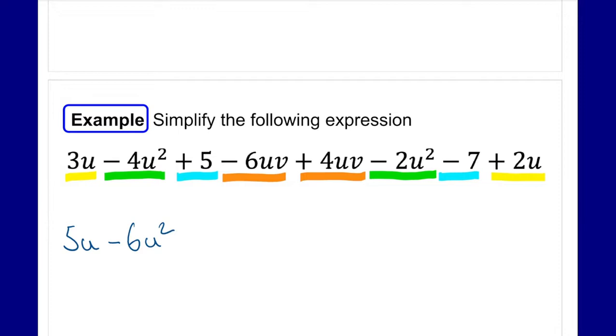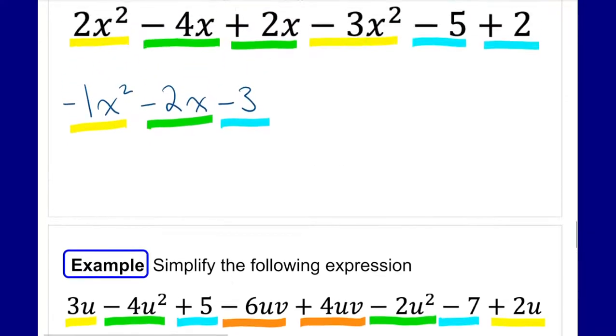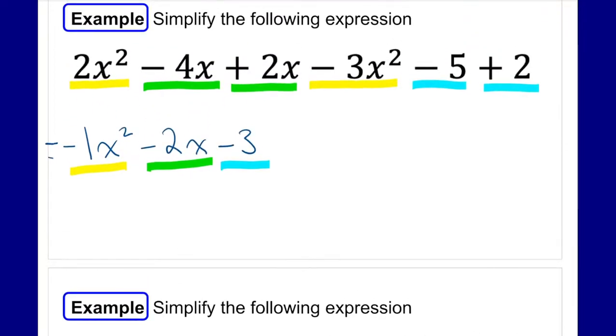Again, you're only adding the coefficients. Plus 5 minus 7, you get minus 2. Negative 6uv plus 4uv is minus 2uv. So again, I'll underline my like terms. And we should see, actually I should be putting equal signs here, saying it equals the above expression.